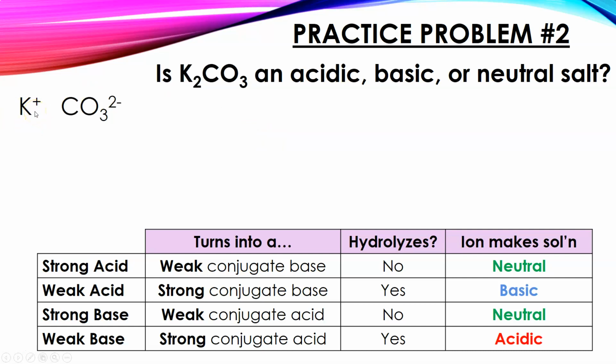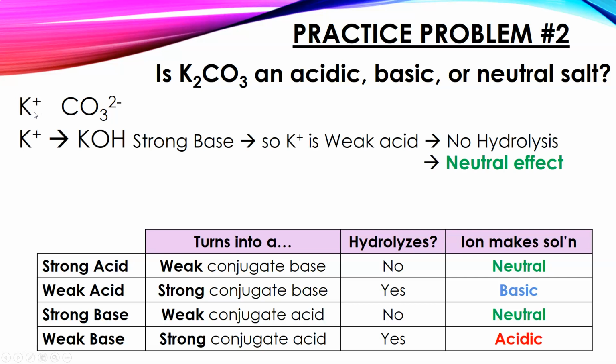I know that there is a strong base that has potassium in it, potassium hydroxide, like we just did on the previous slide. Because potassium hydroxide is a strong base, the potassium is going to want to be just an ion floating around. It does not want to go backwards to potassium hydroxide. So potassium ion is a weak acid, no hydrolysis, neutral effect.